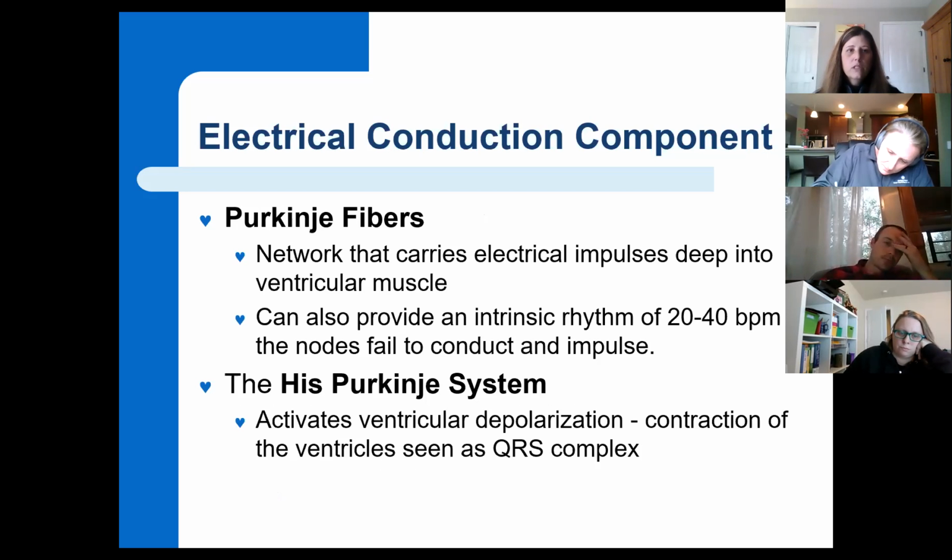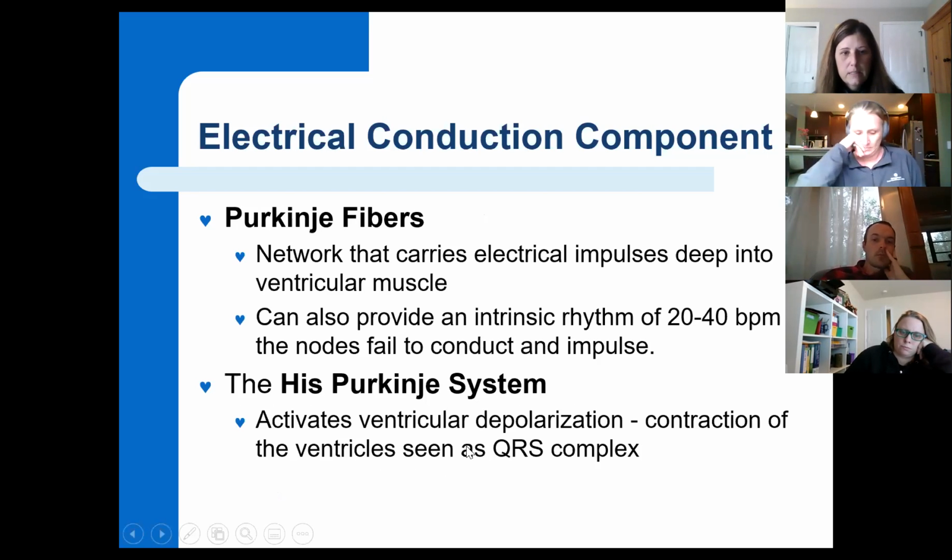All right, so continuing with the electrical conduction components here, the Purkinje fibers and the His-Purkinje system. The contraction and depolarization of the ventricle sends blood out to the lungs to get oxygen, and then back to the heart, of course, and it also sends it out to the body. So the depolarization of the ventricle is going to send it to one of two places, the lungs or the body.